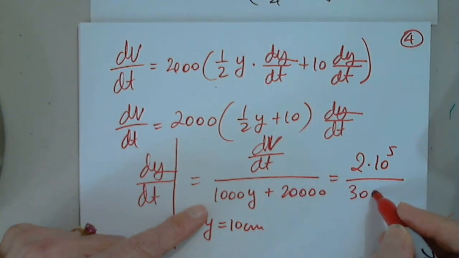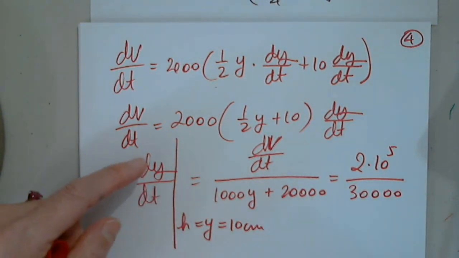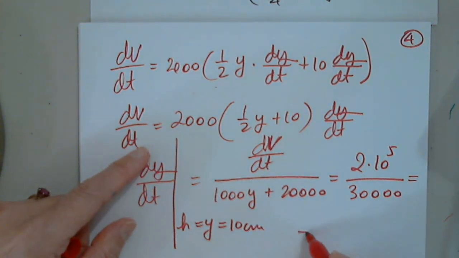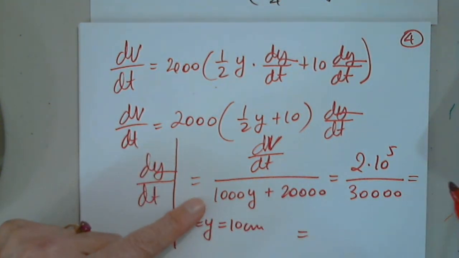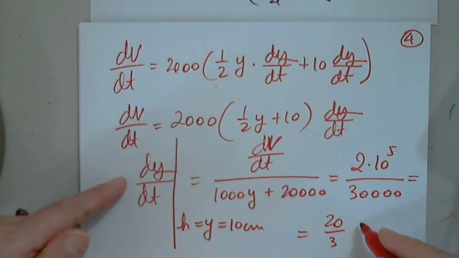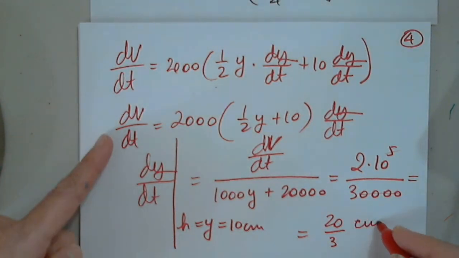That's 30,000. Okay, so it was 10,000, yes, and 30,000. So 4 of these will go with that. So this is 20 divided by 3, and of course it is in centimeters per minute.